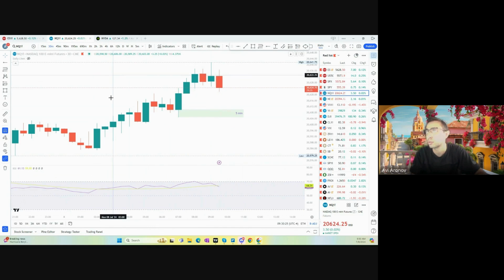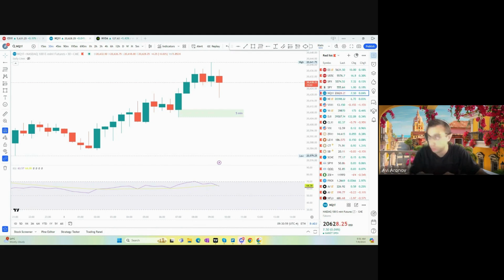So we want to see that sell off to this area, and then we will look to enter. So micro NQ, I should say, it's micro. And we want to play long.